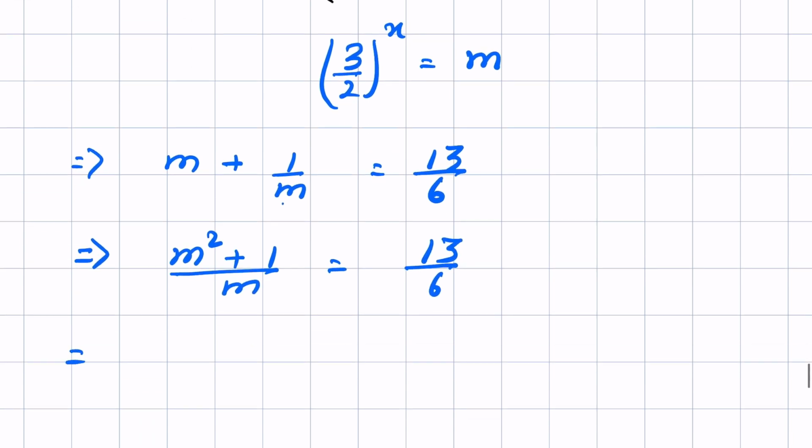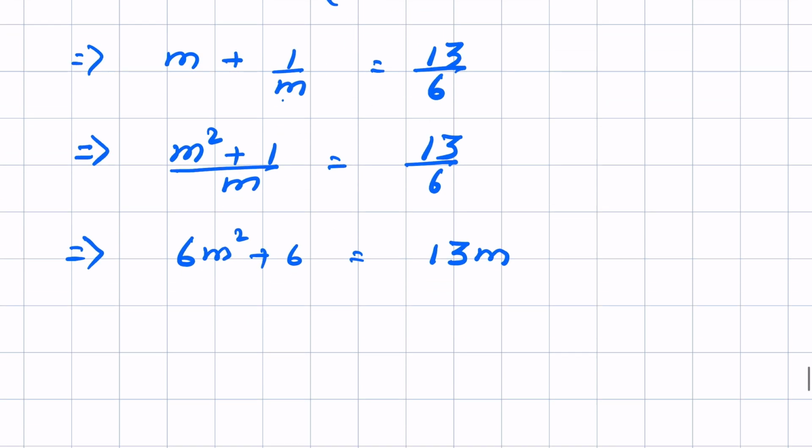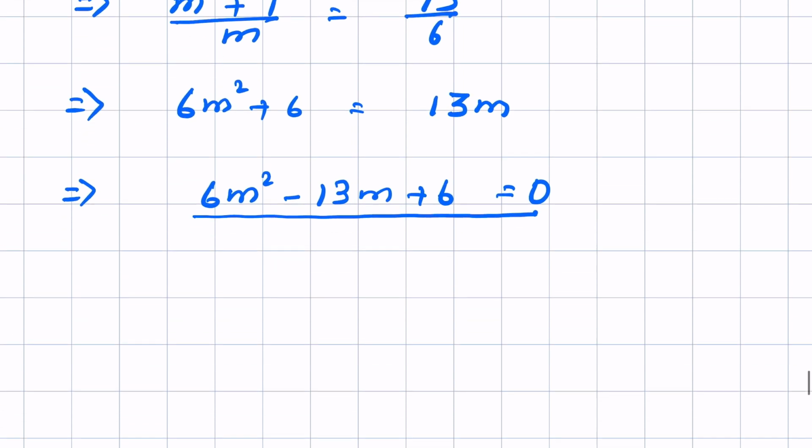Now let's cross multiply, so 6m square plus 6 is equal to 13m, or we can write here 6m square minus 13m plus 6 is equal to 0. Now we have a quadratic equation here. We can factorize it.